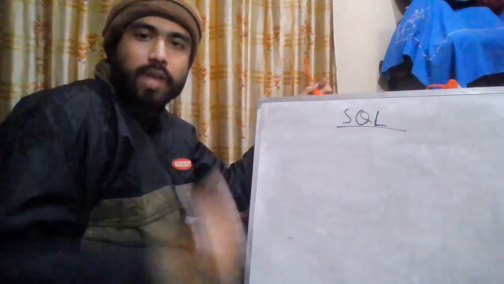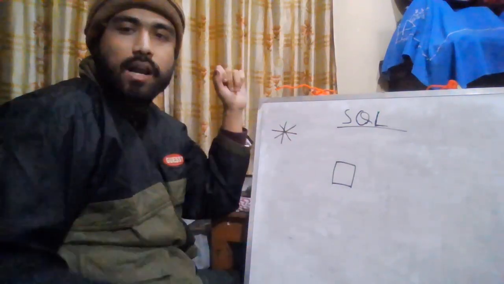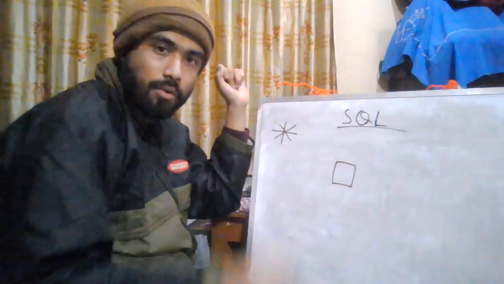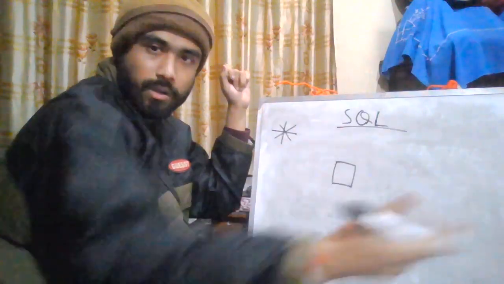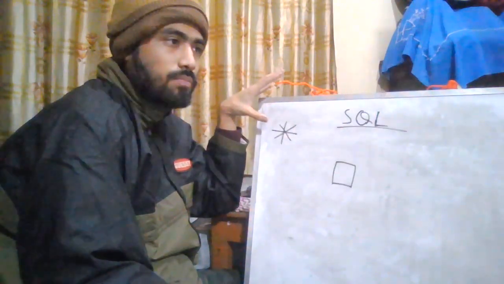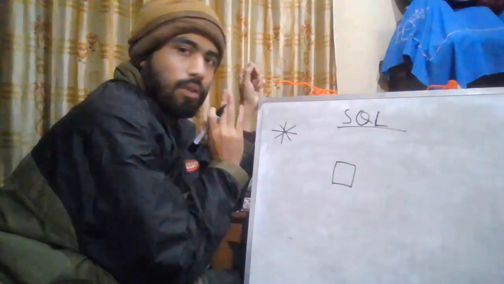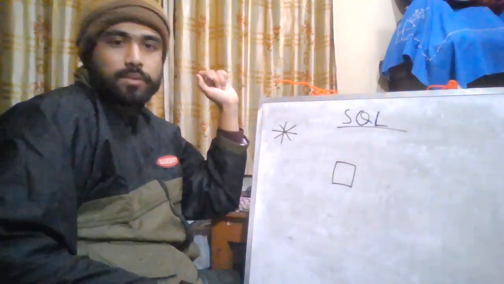So there can be two types of schema mainly. One is star schema. What is star schema? We know the star, we write select star from table name, right? Select all from, for fetching all data. So look at the structure of the star symbol.